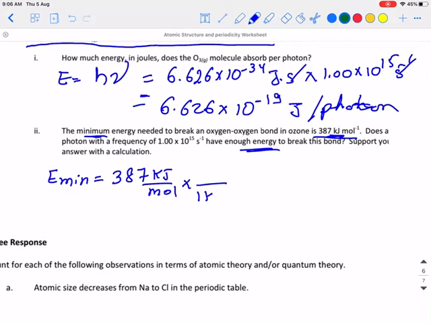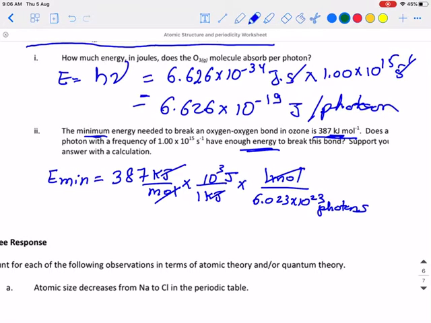Every 1 kilojoule corresponds to 1000 joule, and then every 1 mole of photons corresponds to Avogadro number of photons. Mole cancelled, and the final answer is, up to 4 significant figures, 6.425 times 10 to the negative 19 joule.